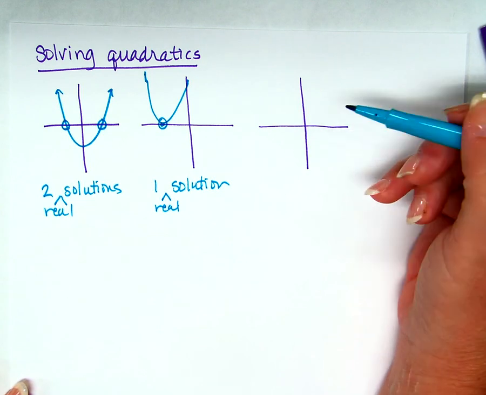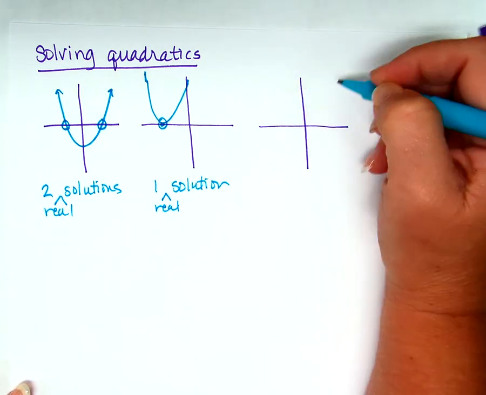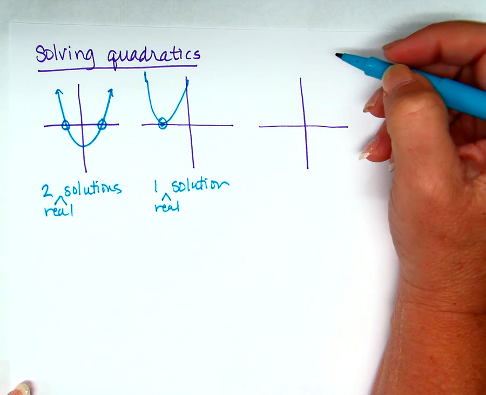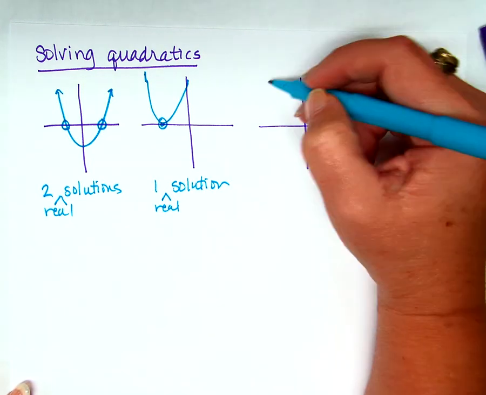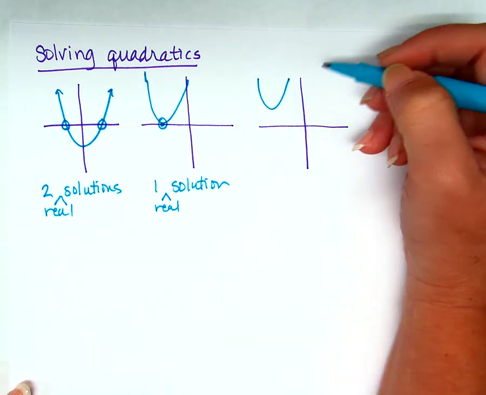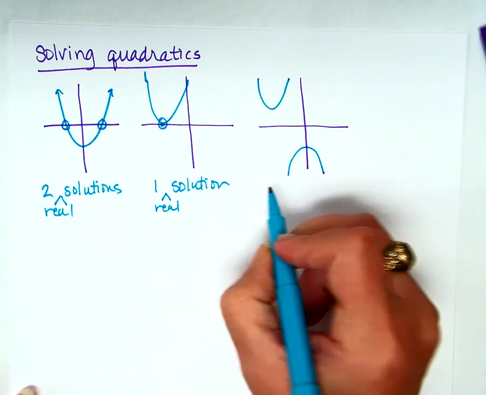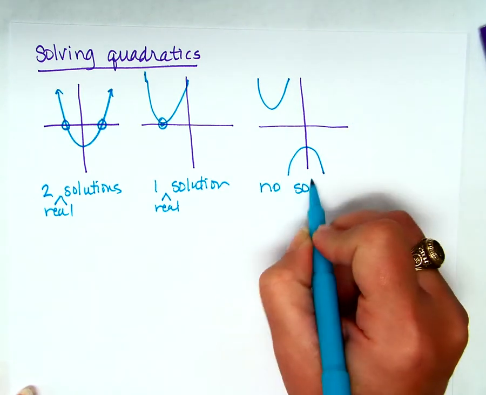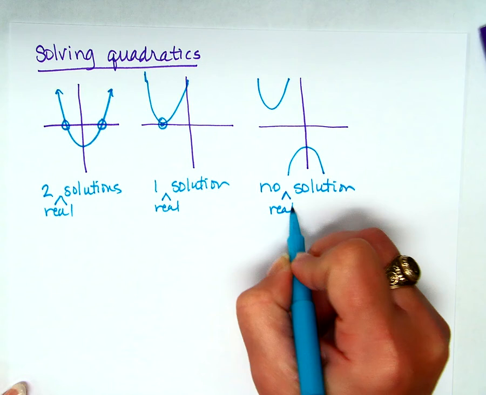What else could it look like? What's the only other option besides 2 solutions or 1 solution? No solutions. And what would that look like? Oh, okay, so it just doesn't cross the axis. It could be up there, it could be down here. It just doesn't cross the axis, right? So there's no solution, or more specifically, no real solution.